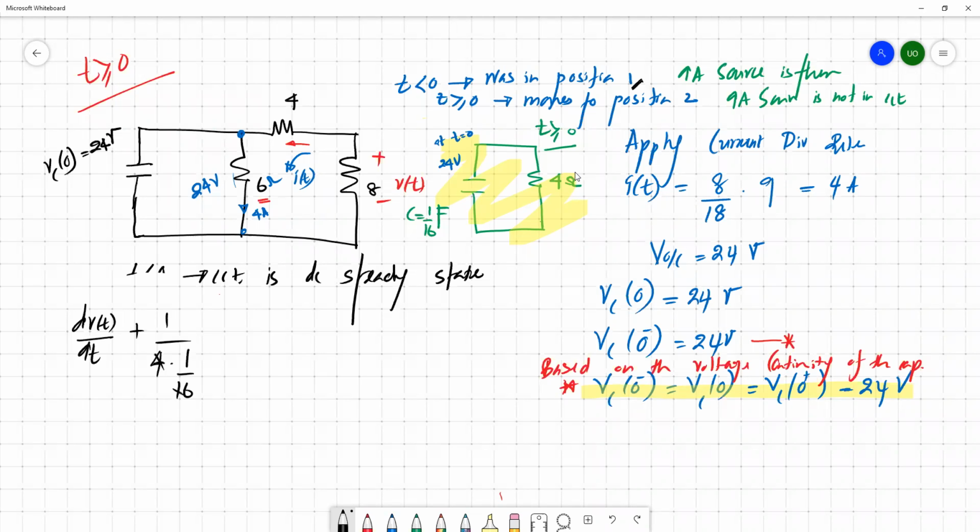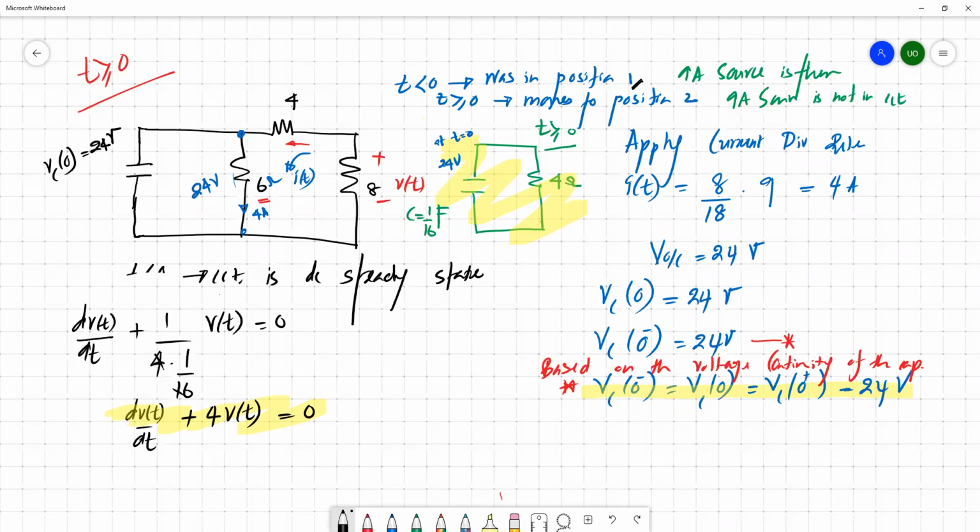So this is like 4 Vt equals 0. So dVt/dt plus 4 Vt equals 0. Okay, this is the differential equation which explains the behavior of the circuit.